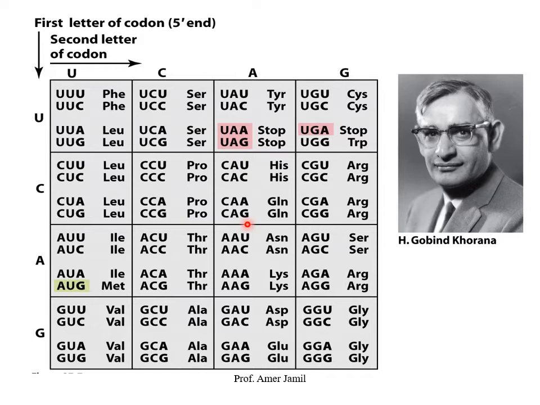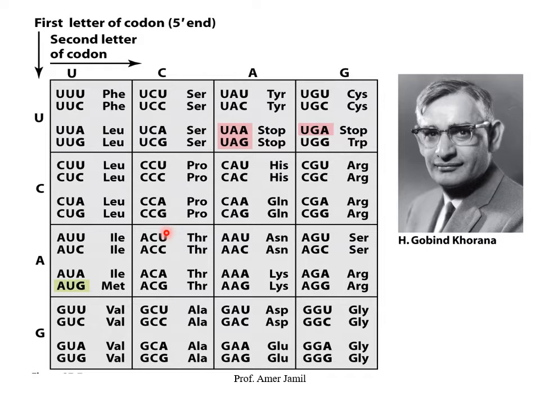There were many scientists who actually devised procedures to deduce this genetic code. So this is the genetic code dictionary, and Khorana was one of the major members of the team that actually deduced this genetic code. We will see there are some amino acids, actually 2 amino acids, that have only one codon.